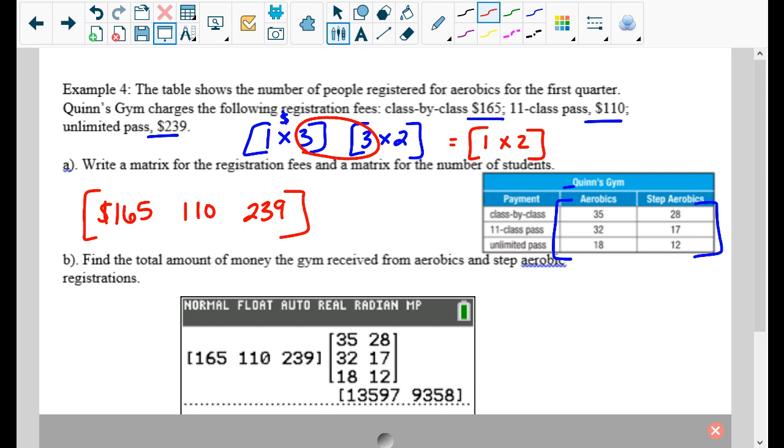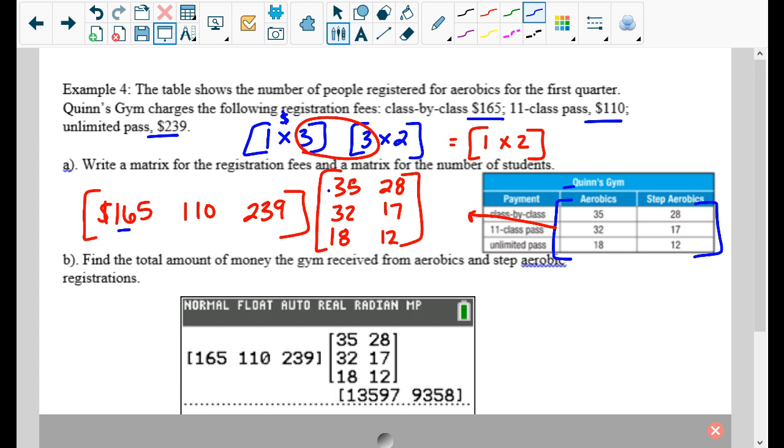And then I'm just bringing the other one right over. So 35, going straight down, 32, and 18, 28, 17, and 12.